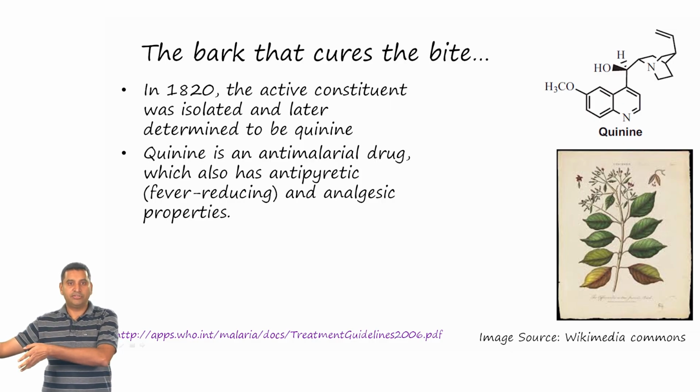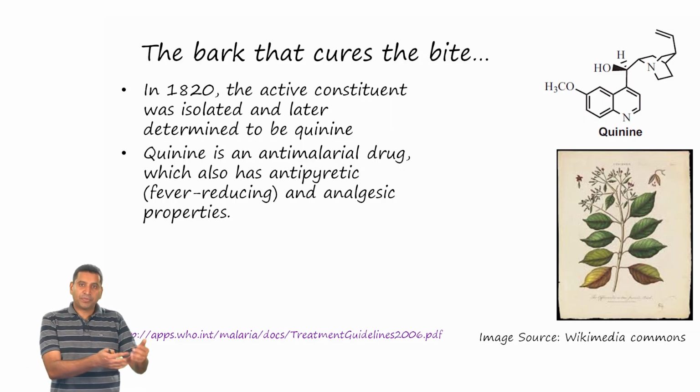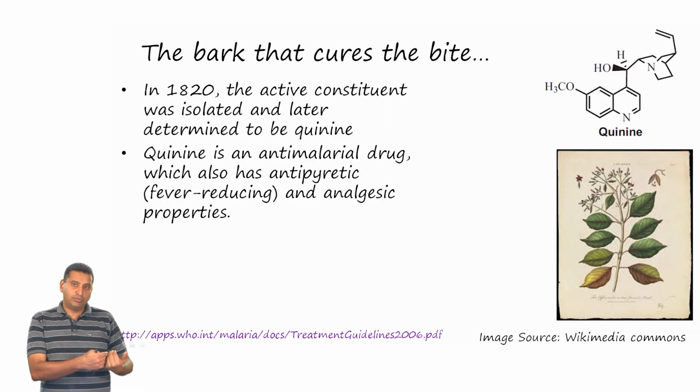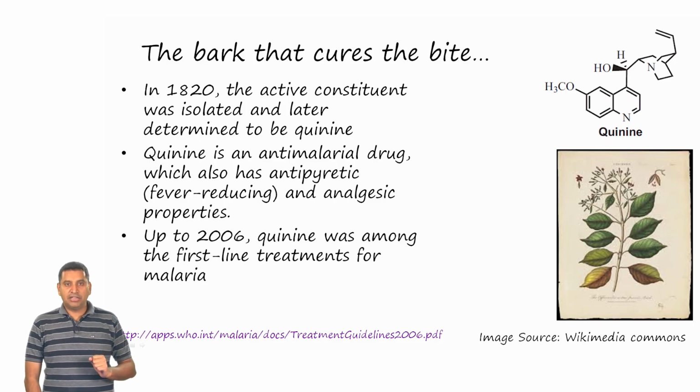But much into the 20th century, a lot has been discovered, but without knowing what the cause of the disease was, people were still treating it, and it was still possible to cure it. And quinine, up to maybe the last decade, was among the first line treatments for malaria. So, this is an example of how one could use traditional medicine to actually discover a drug.